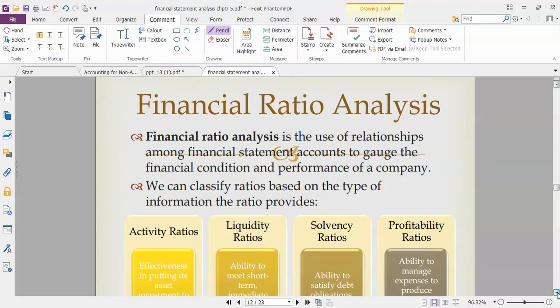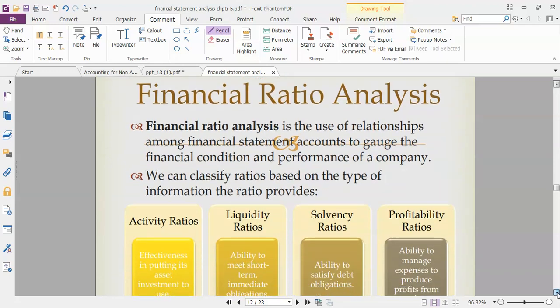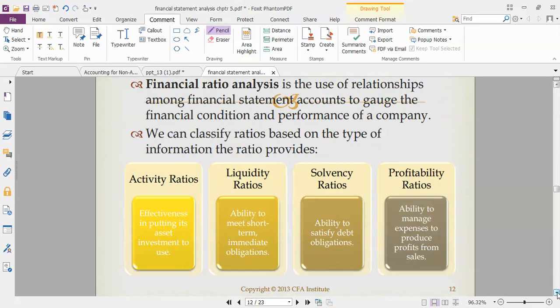So we have financial ratio analysis, which you have classified into 4 types. The first one is activity ratios. The second one is liquidity ratio, and then the third one is solvency. The fourth one is profitability ratio.